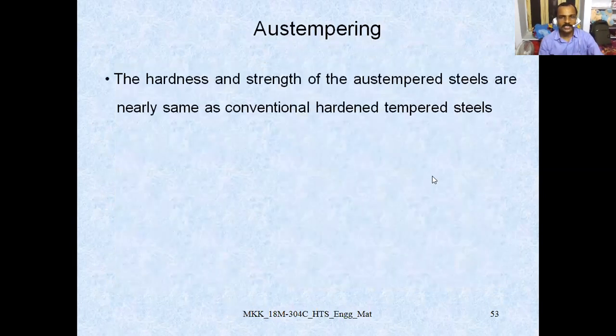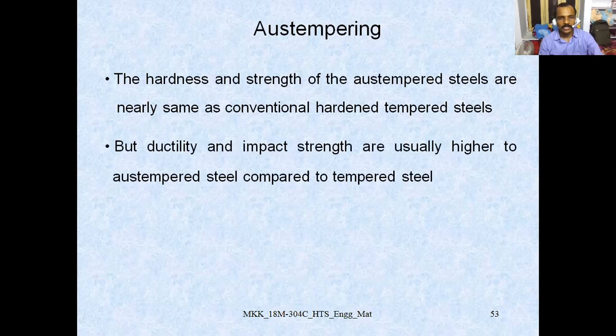So the hardness and strength of austempered steels are nearly the same as conventional hardened and tempered steels. The difference is that ductility and impact strength are usually higher for austempered steel compared with tempered steel.